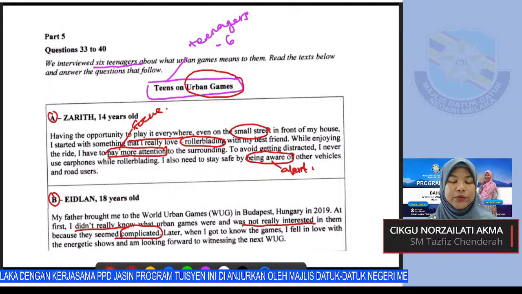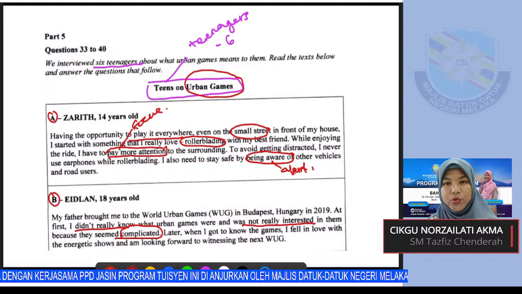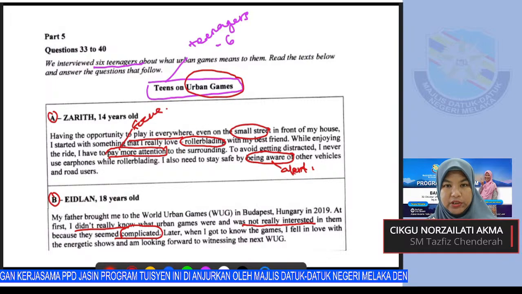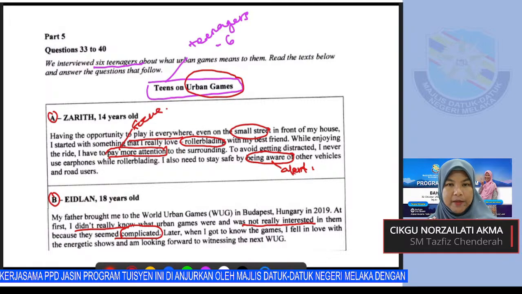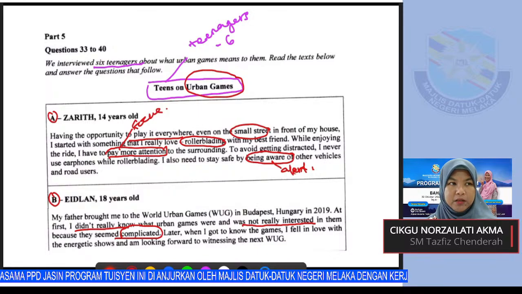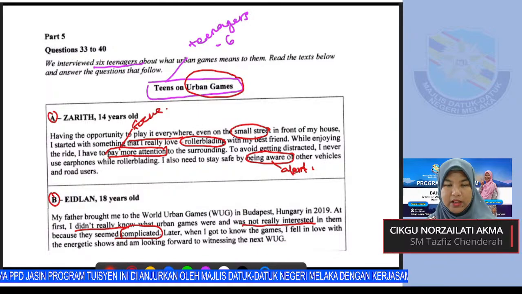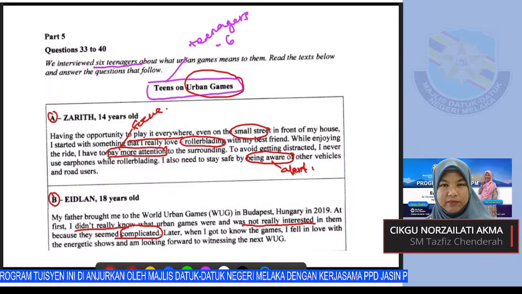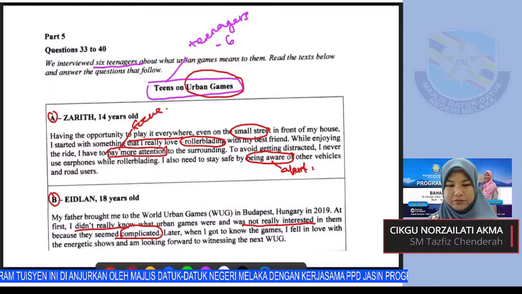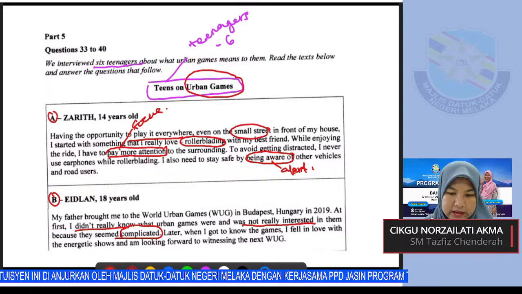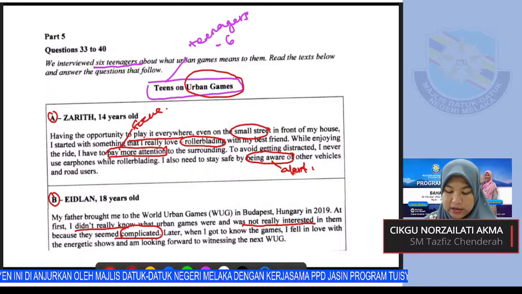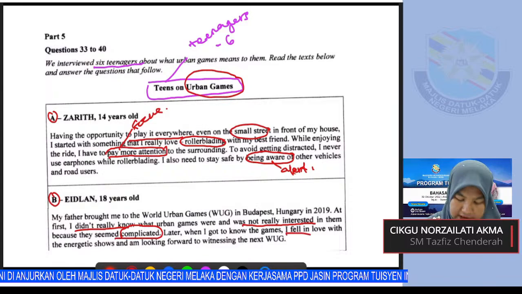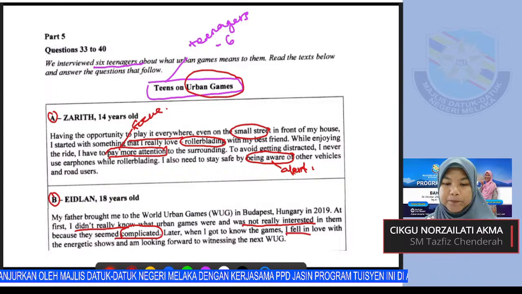When you do urban sport, most importantly we look at the moves. Rollerblading, skateboarding, it all requires skills. When I see people do rollerblading, I will say that I will not be very interested because it looks complicated. However, later he fell in love with the game when he knew more about it.